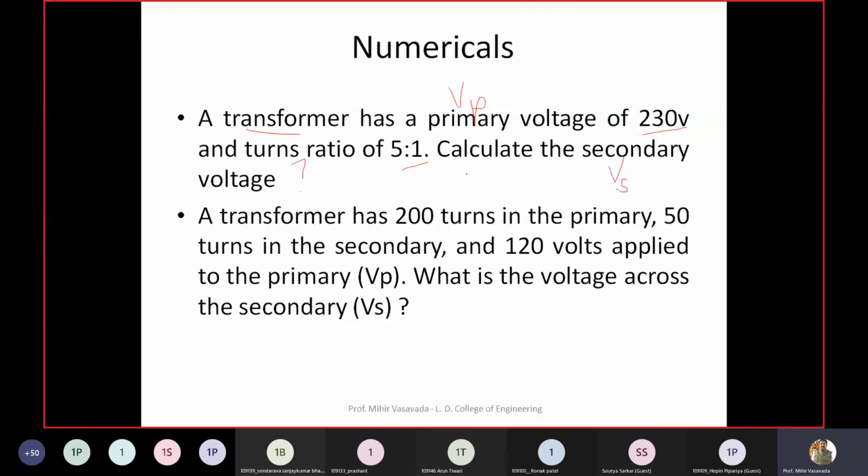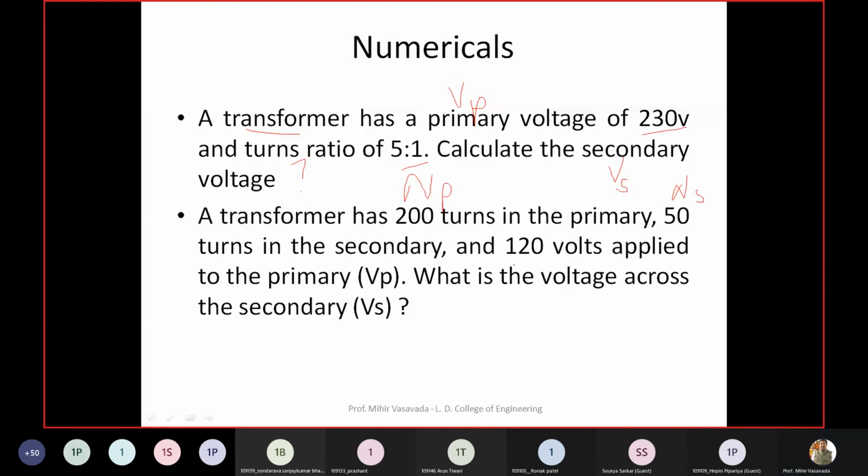Second one, 120 volt primary, 200 turns in the primary, that is NP, and 50 turns in the secondary, that is NS. So do NP by NS, you will get the turns ratio.